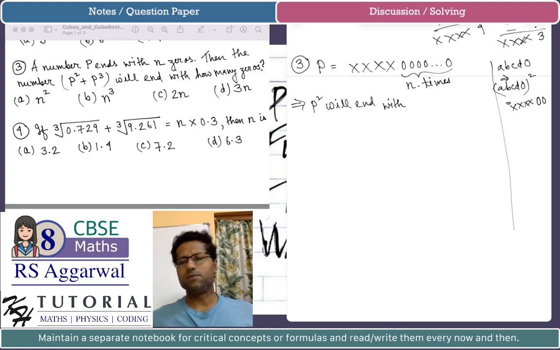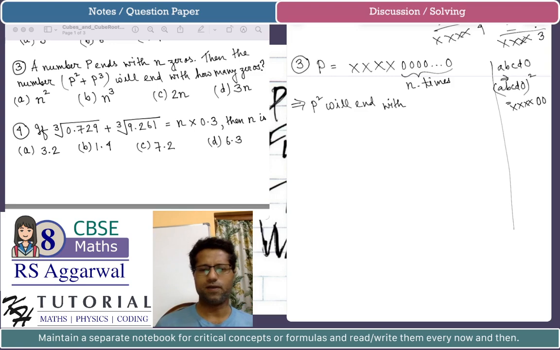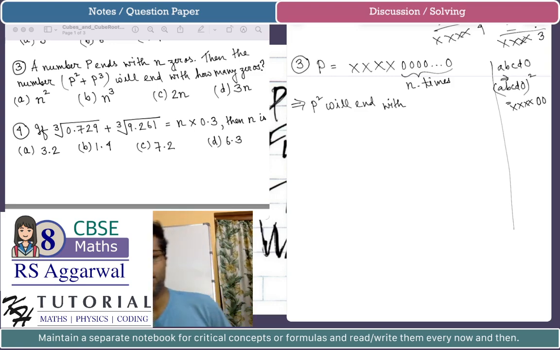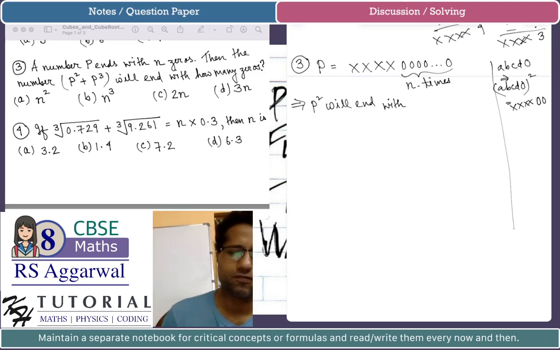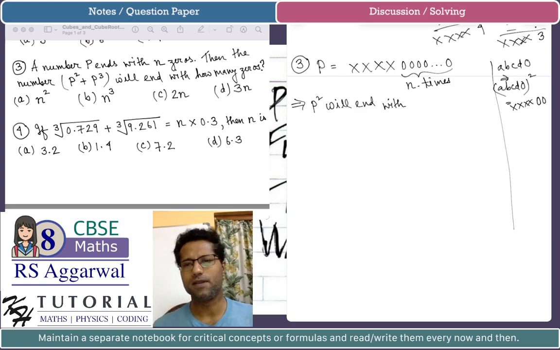So the concept is that if a number ends with 1 zero, its square will end with 2 zeros. If a number ends with 2 zeros, its square will end with 4 zeros. So if a number ends with n zeros, its square will end with 2n zeros. As it is given that the number p is ending with n zeros, p square will end with 2n zeros.